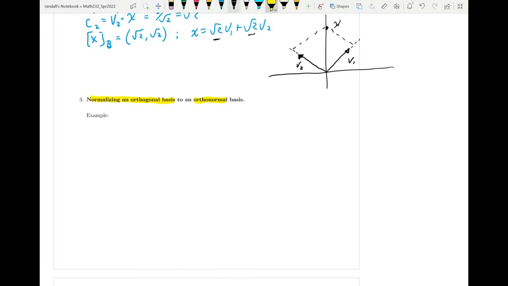All right, so let's take an example in 3 dimensions. So let's take an orthogonal basis in R3. Let's take this one. Now, you should get some experience with coming up with orthogonal bases yourself, and there's many ways to do it. One way would be to solve systems of equations.